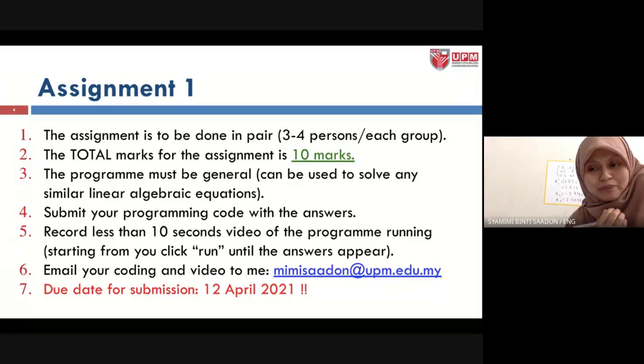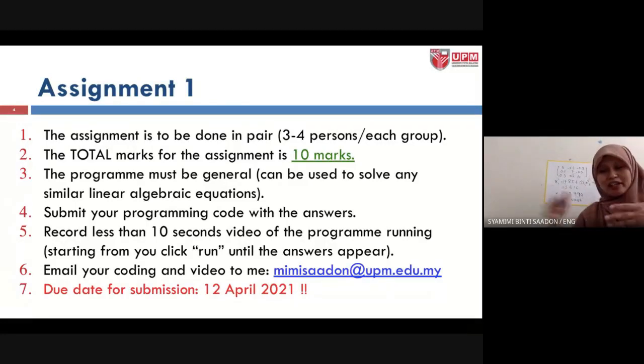Okay, you don't need a long report, just a cover. Cover your name, your group team names, and then just one page of the programming code. Save your programming code, and then at least I can see the answer.